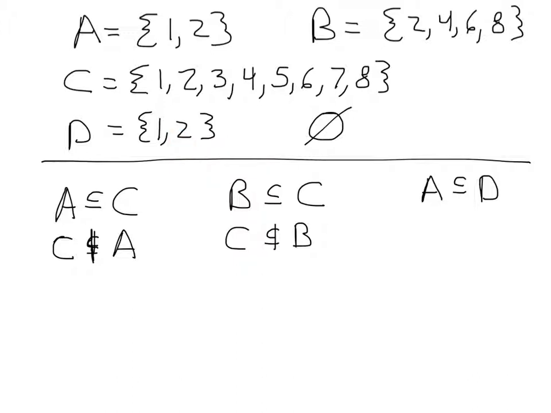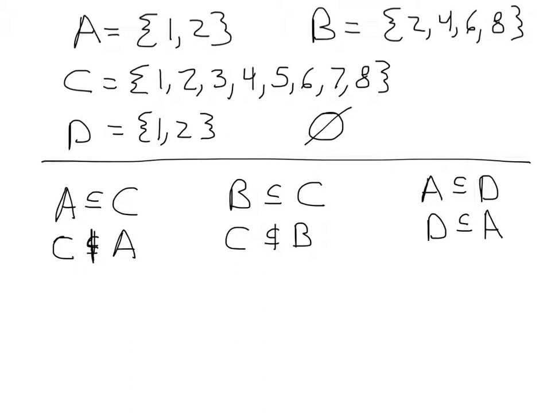A is a subset of D. And by the way, since they're equal, D is also a subset of A. If we have equality, that's the only time we get this relationship where both sets are subsets of one another. No other time can we get those two relationships together, unless they're exactly equal.